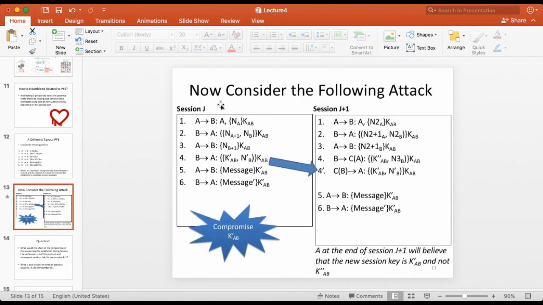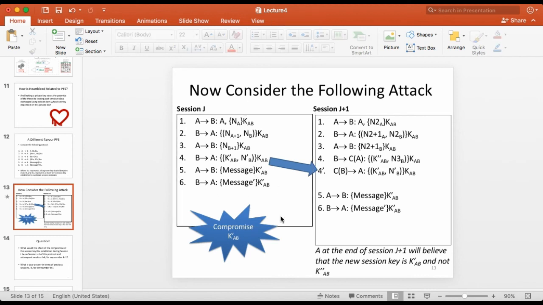However, at the end of the session something happens: the new key that you've just agreed, K prime AB, is compromised. Suppose that once you've finished running this session, some hacker or intruder or some vulnerability in your own server meant that the new key you've agreed goes in the public domain.